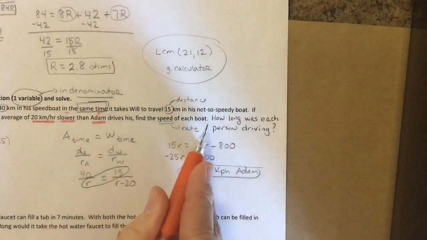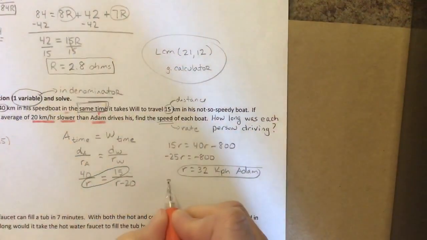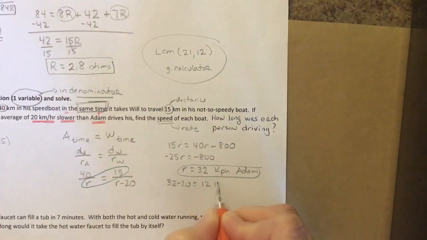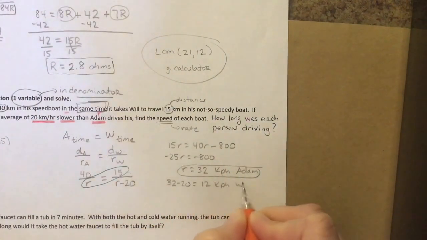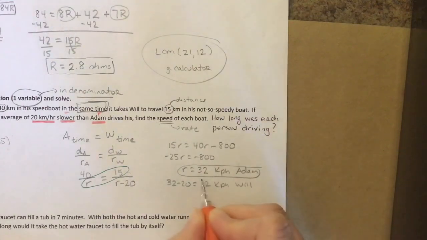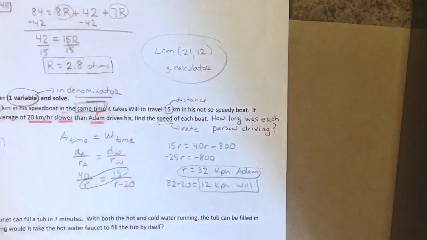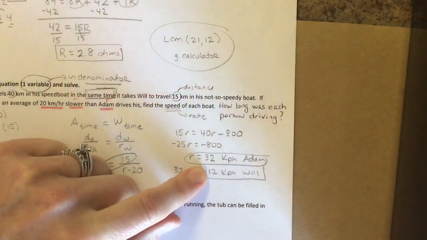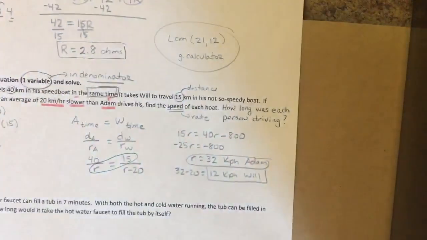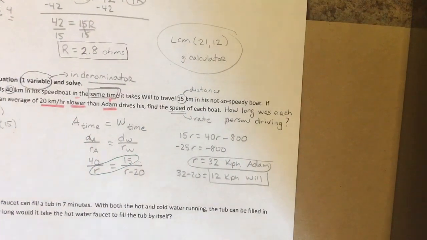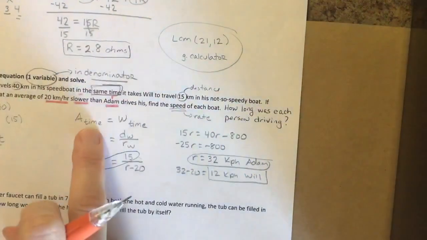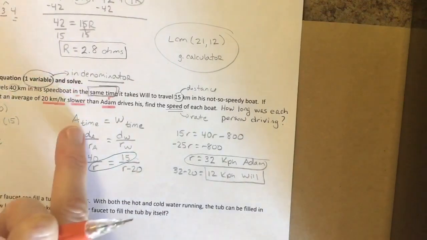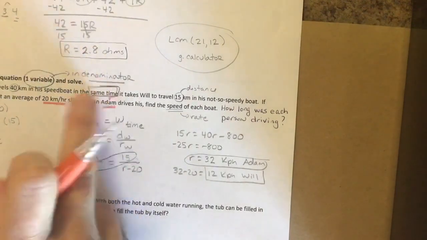Then for Will, what's 32 minus 20? He's going 12 kilometers per hour. Nice. There's the answer, speed of each. Now, how long was each person driving? Time. The time is distance divided by rate, and they're going for the same time.